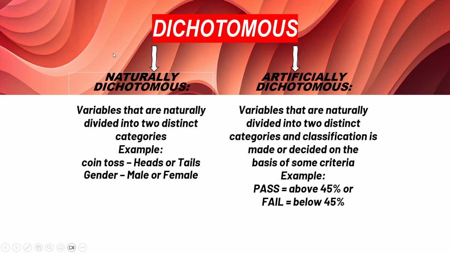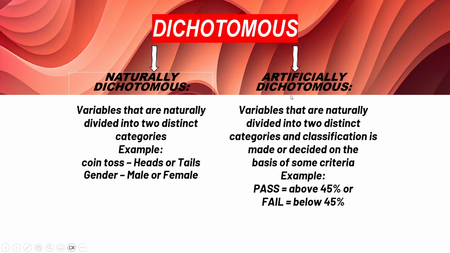First being naturally dichotomous, where the variables are naturally divided into two distinct categories. For example, if we toss a coin, we will either get a head or a tail, no other option. And in the case of gender, we have two genders, male or female.